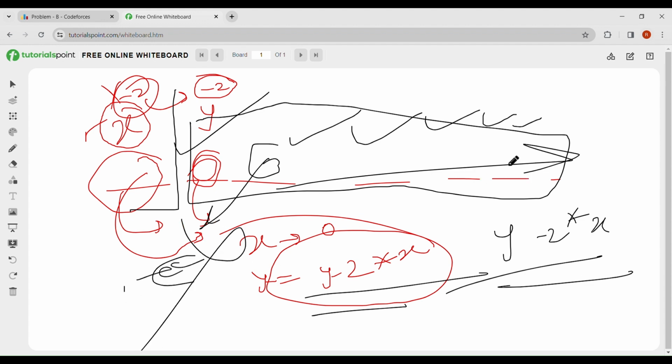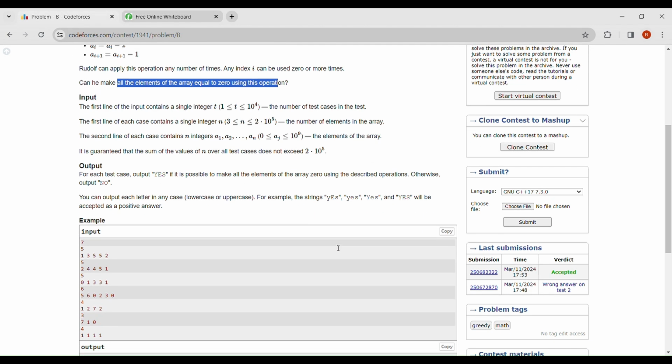You perform this operation up to the end, and you need to check at the end whether these values become 0 or not. Only this was the logic, and I will show you the solution.